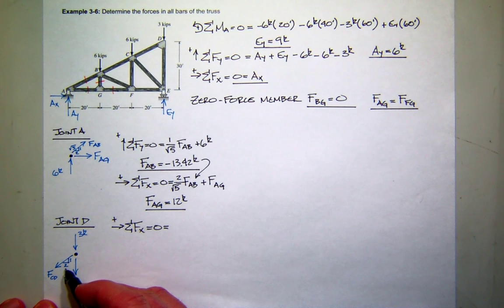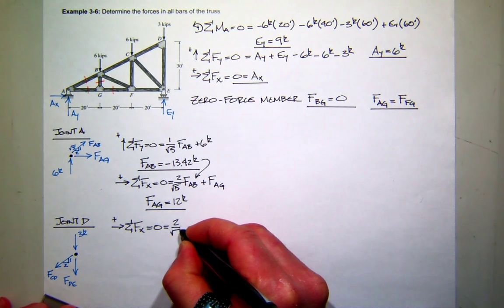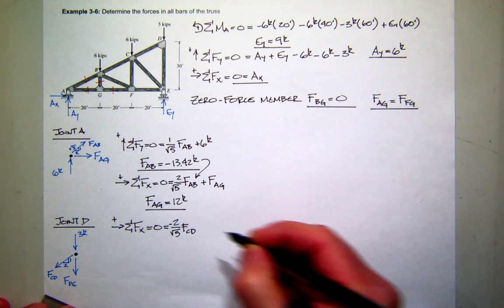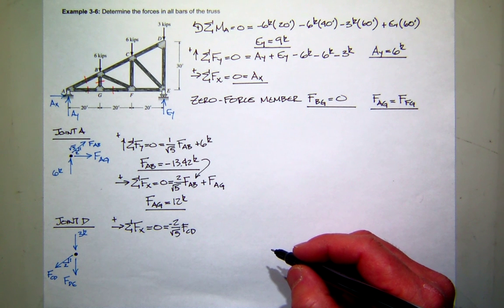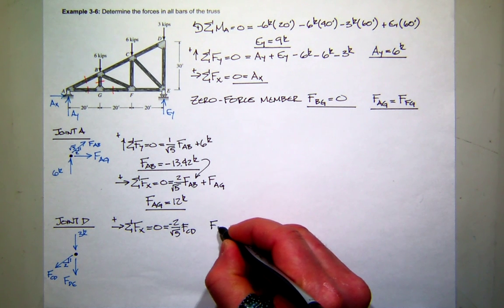In the X direction, what do we have? We have 2 over the square root of 5 times CD, negative. And what else do we have? Nothing. Right? So that means the force in CD is 0.